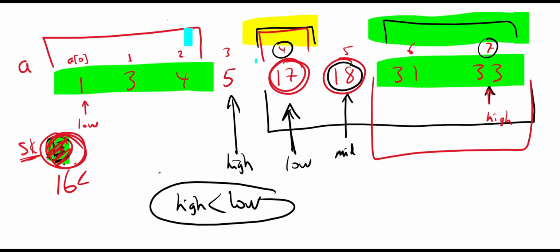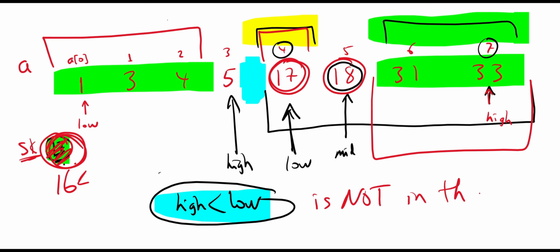Actually, we need to check if 16 exists here or not, but we don't have any element here. And when we apply our step, high will be 3. So this condition will happen. So when this condition happens, we don't need to continue to calculate mid and make new comparisons, because when this condition happens, we are sure that the number is not in the array.